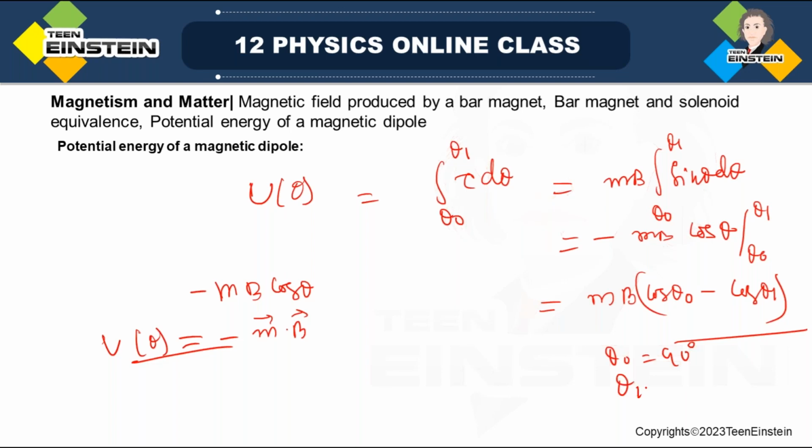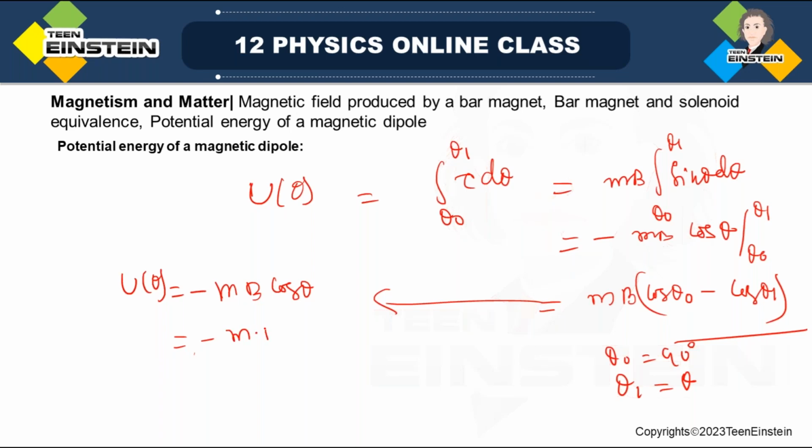Then I can write this equation like this: U of theta equals minus mB cos theta, or minus m dot B.